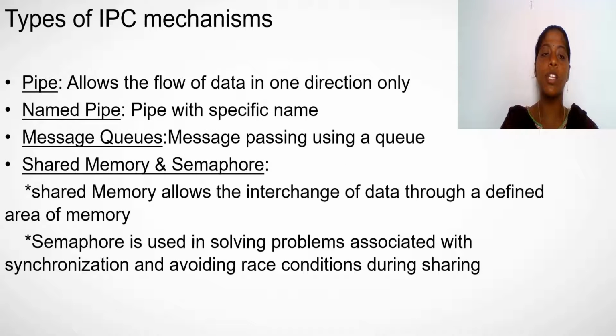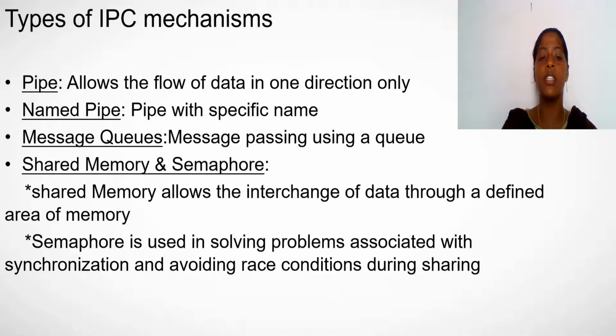Next we will discuss the types of IPC mechanisms. These are pipe, named pipe, message queues, shared memory, and semaphore. First, pipe. Pipe allows the flow of data in one direction only. Next, named pipe. A named pipe means a pipe with a specific name. Next, message queues. Message queues means message passing using a queue.